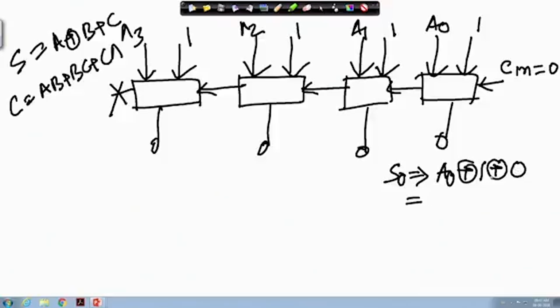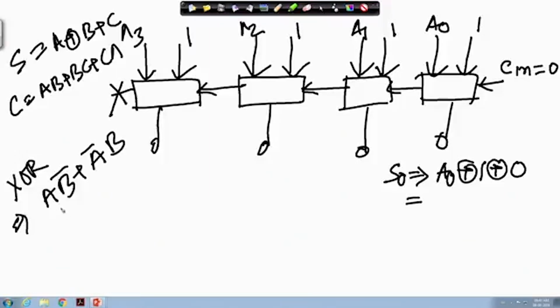Whenever in a 2-input XOR gate one of the inputs is 1, it will produce the inverted output. Why is that so? Because the XOR expression is A B bar plus A bar B, correct?